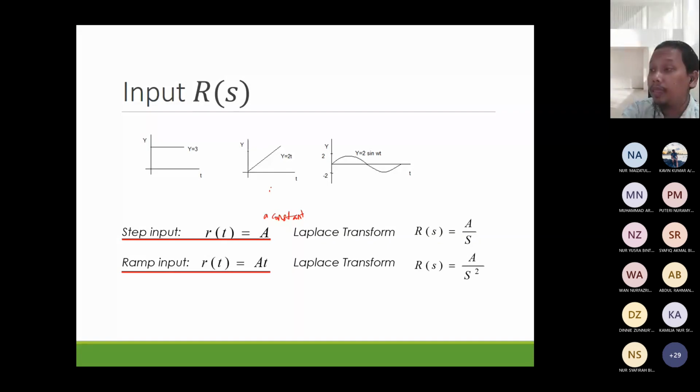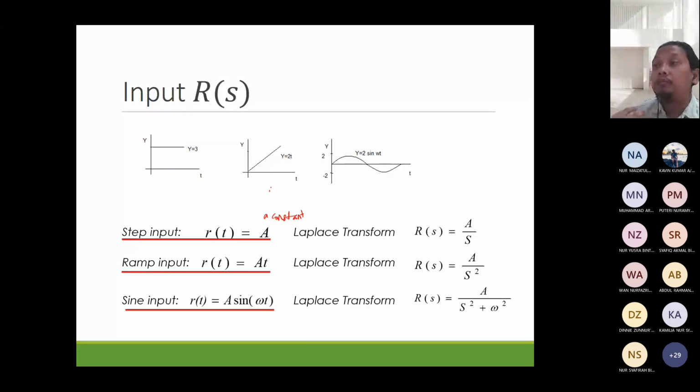Okay. So basically the input can be anything, but you need to look at the question, what inputs are given. Okay. So in this case, you are given step input. Okay, from the first example here, you are given step input.